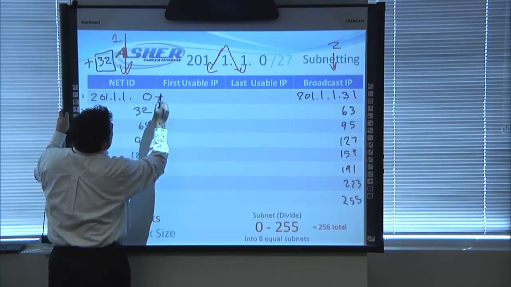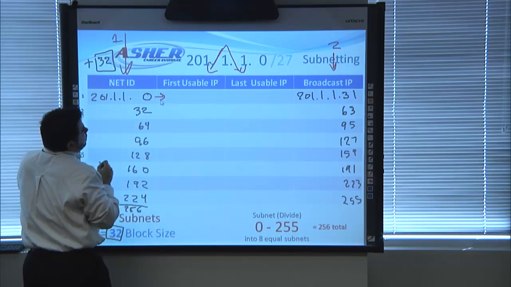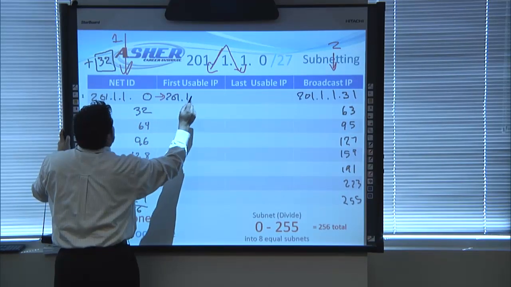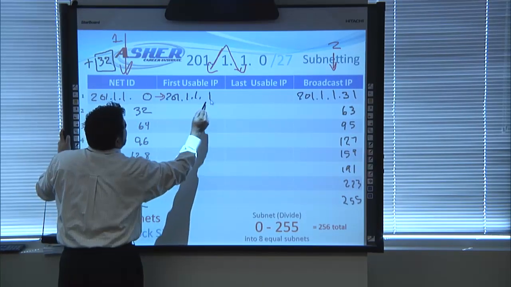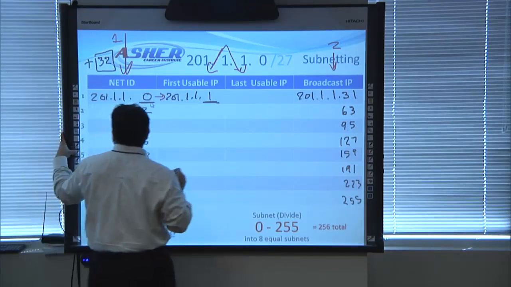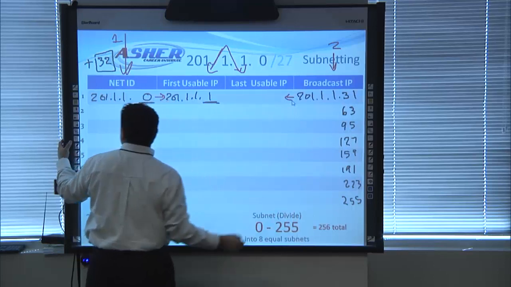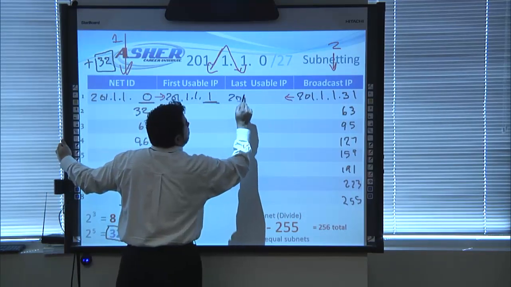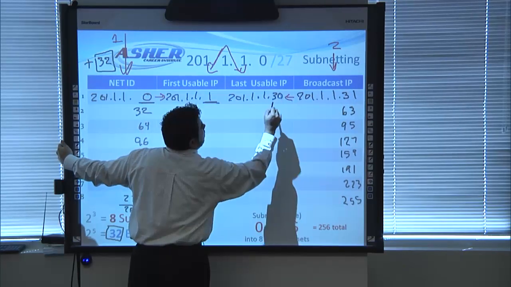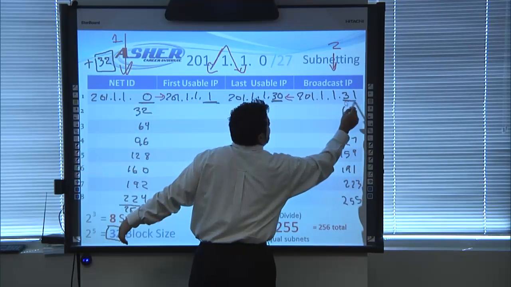All right, so now we're going to go one IP address this way, which is what? 201.1.1.1. That is the very next IP address after 0. And now we're going to go one IP address this way, which is what? 201.1.1.30, because that is 1 less than that guy.